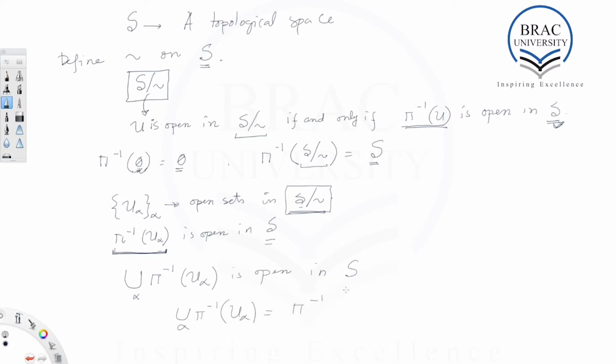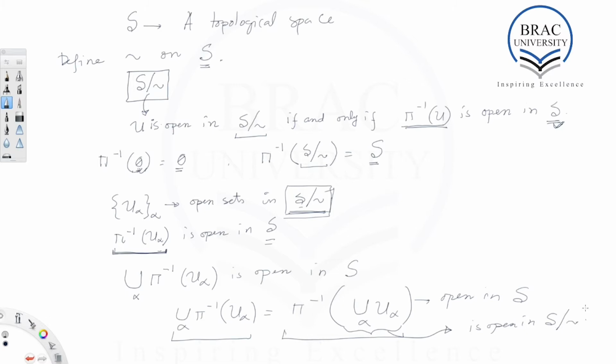All right. But we know that this is the same as the inverse image of the union of all these open sets U alpha. Then we immediately see that since this is open in S, this is also open in S. And from the definition of quotient topology, this has to be open in S modded out by twiddle.